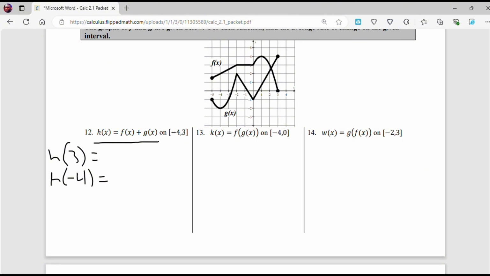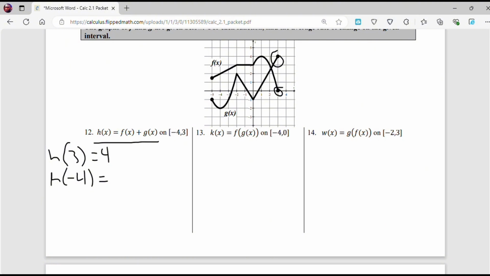So all we're looking at is f of the value plus g of the value, and that's going to give us h of that value. So at 3, we have 0 and 4. 0 plus 4 is going to give us 4.